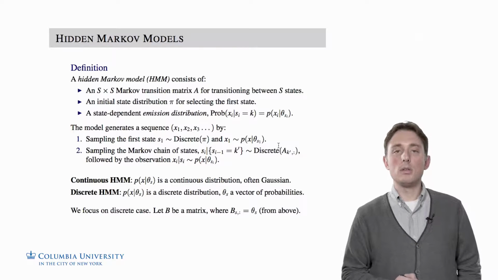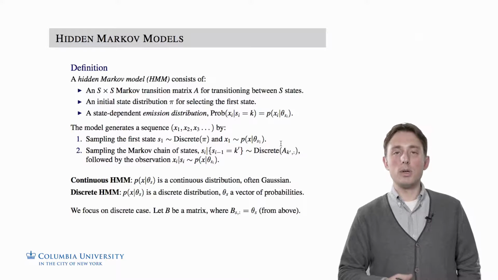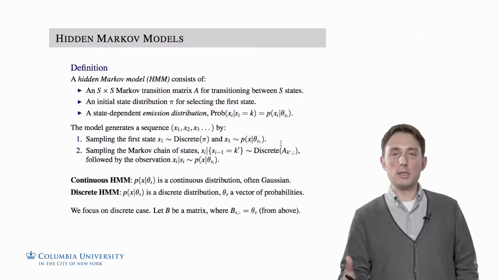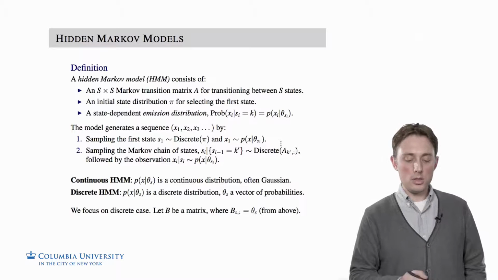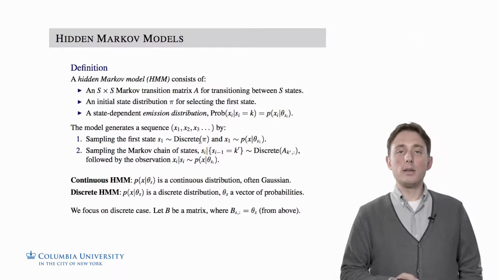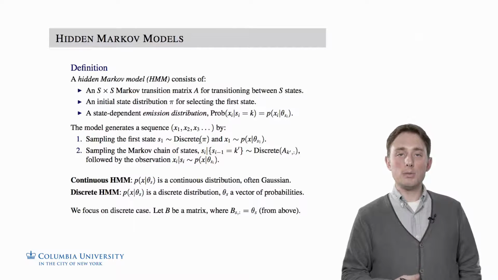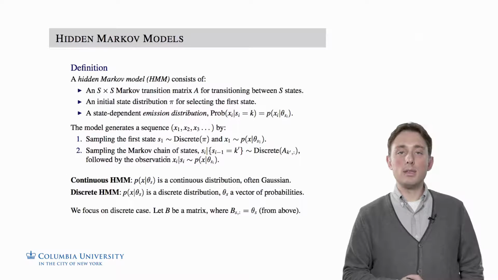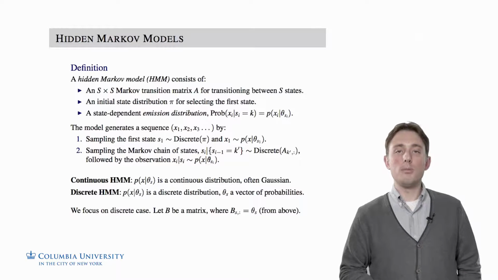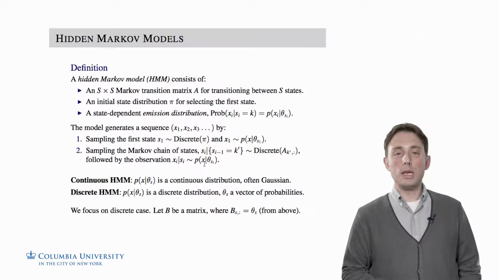And I pick out the state that I'm at time i minus 1 by picking out my transition distribution to all of the states, given where I'm at, to generate my state at time i. Following that, when I generate the state for the ith observation, I actually generate the data. I generate the ith observation itself from a probability distribution where I pick out the parameter associated with the state that I'm in at time i.